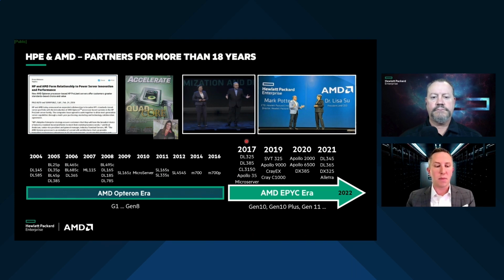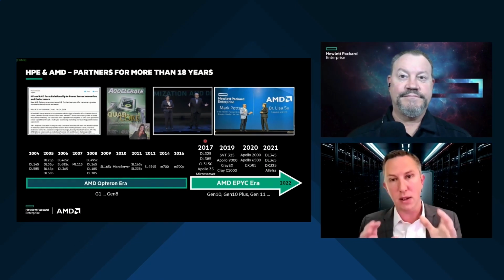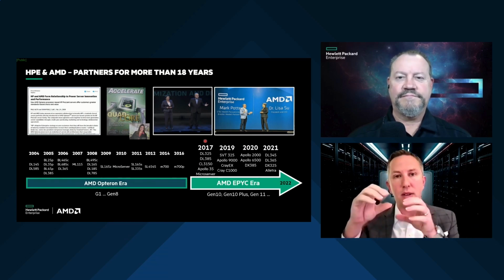And beyond that, we ultimately also took the lead in process technology for the first time in industry history. A lot of people never thought that would happen, but combining the Zen architecture and the process technology, and as you said, Joe, just showing you a chip here, we've done some incredible innovation at a packaging level. We've moved to this new chiplet architecture that allows us to take a flexible modular approach.